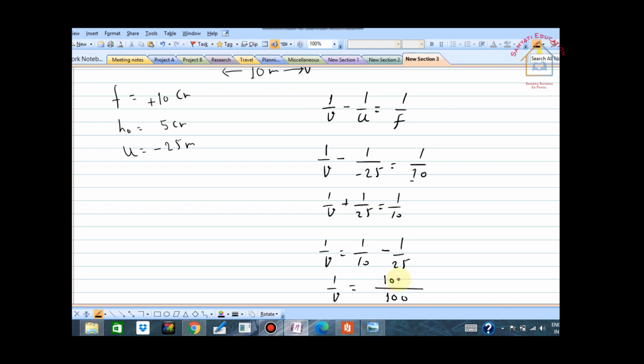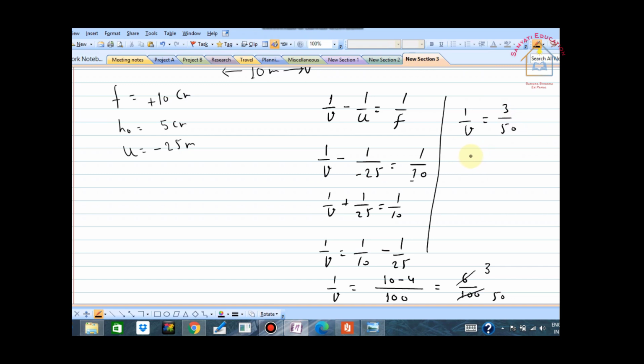Here will be 10 minus 4. This will be equal to 6 by 100. We will reduce this like 3 2 6, 50 2 100. 1 upon v equal to 3 by 50.